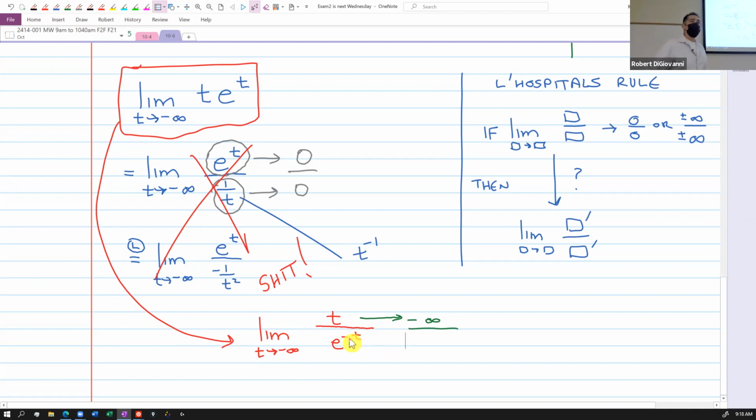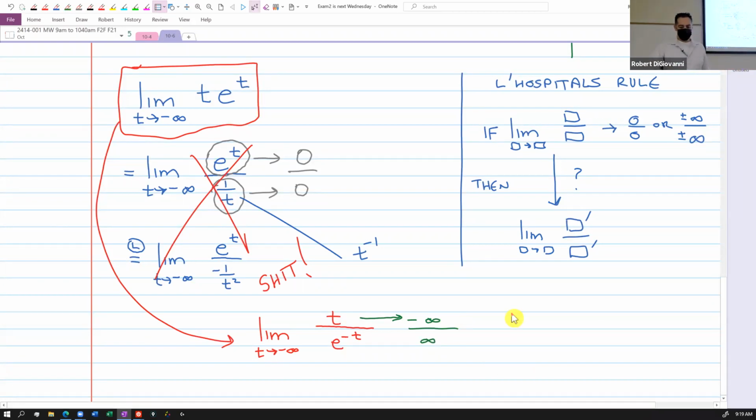The two negatives will go together and become positive. So this will be e to a huge positive number, which means you're looking at that graph of e out to the right instead of to the left. And where is that going? Up to infinity. So now we have infinity over infinity. It doesn't matter if one of them is plus or minus. We can use L'Hopital's rule.